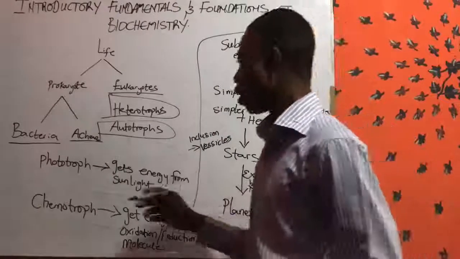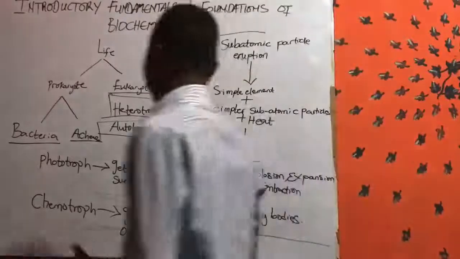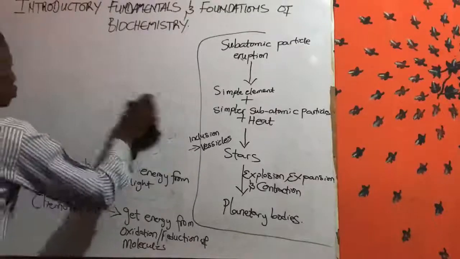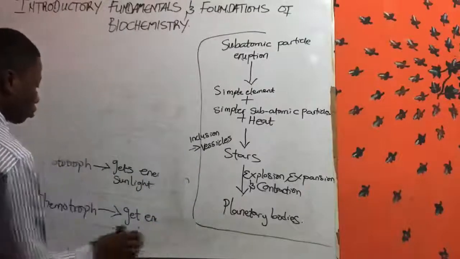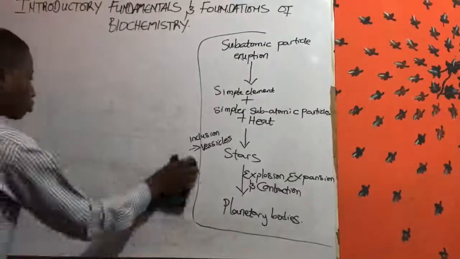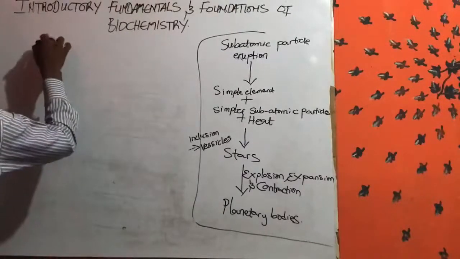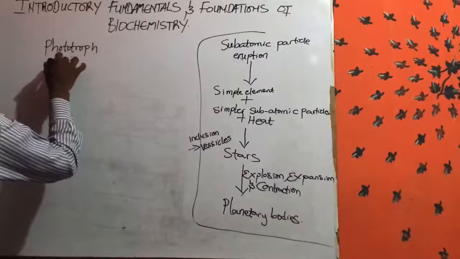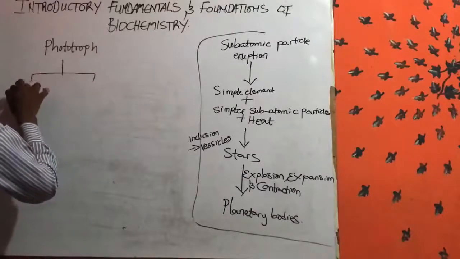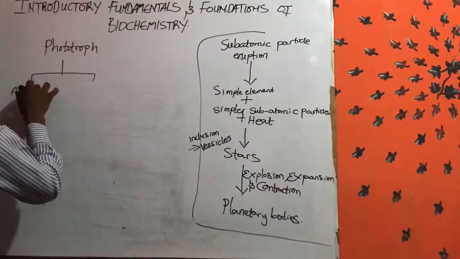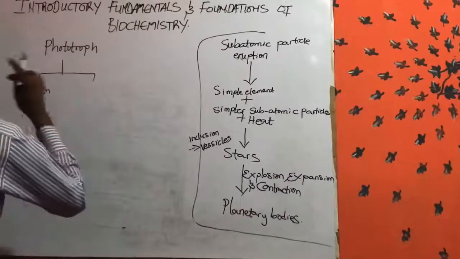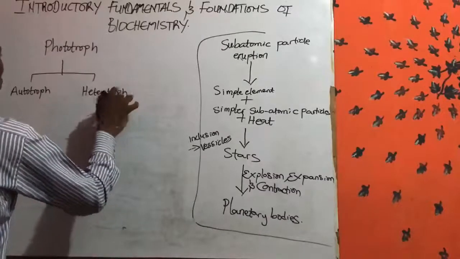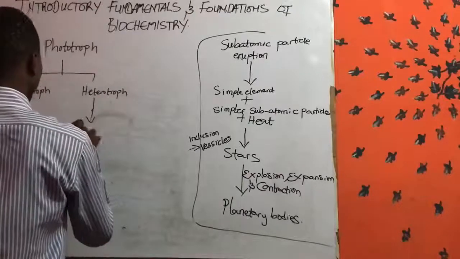That tells us something about our phototroph. Let me show this sketch. Let's do it this way. My phototroph can either be an autotroph or a heterotroph. Now, my heterotroph is a chemotroph.